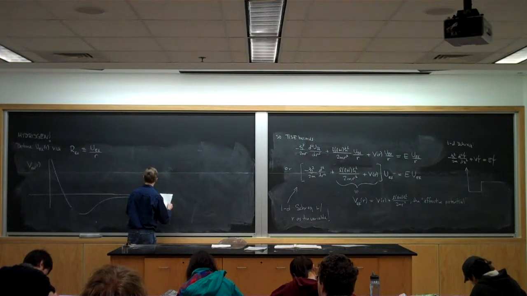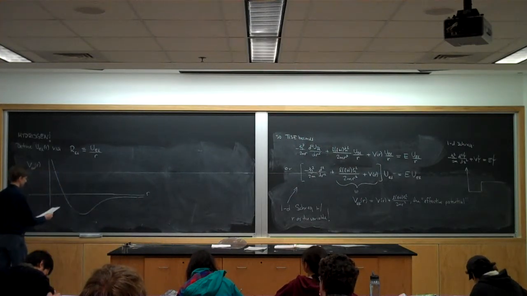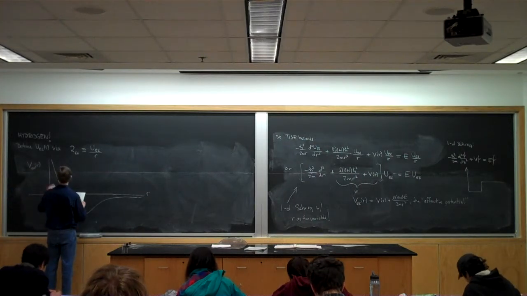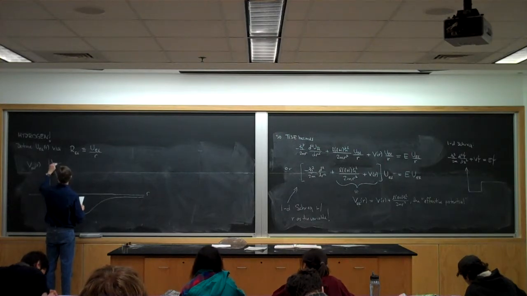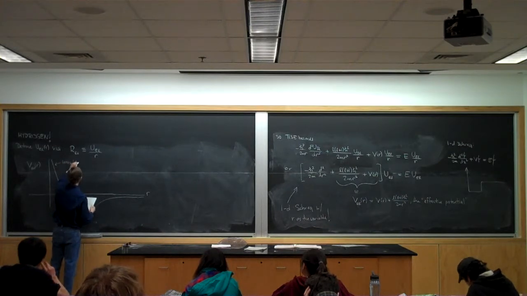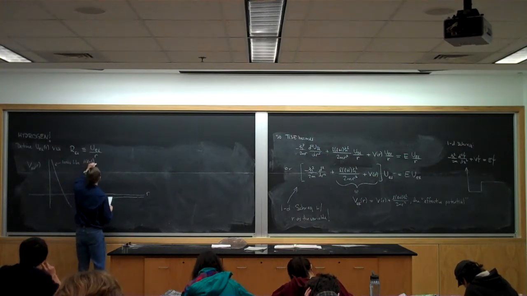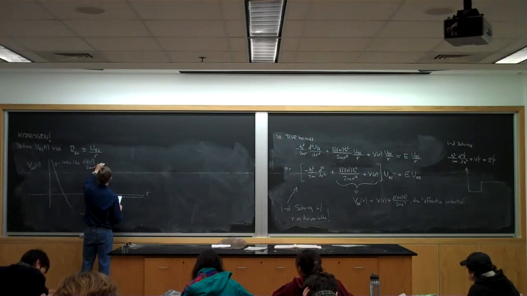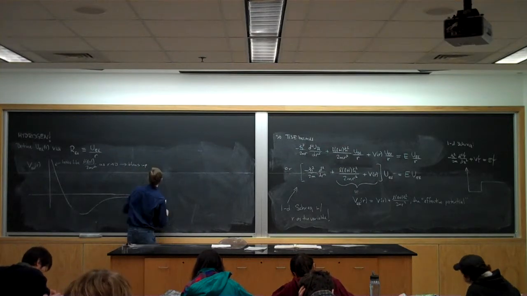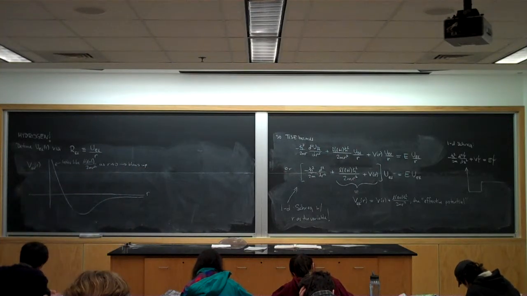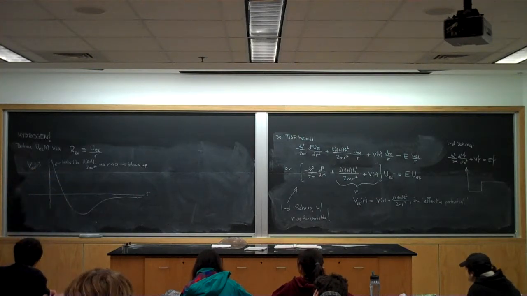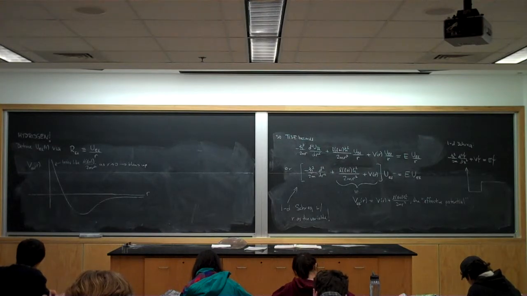If this is the r-axis, and this is the effective potential as a function of r, then depending on the form of V of r, assume that l(l+1) over 2mr squared dominates for small values of r.